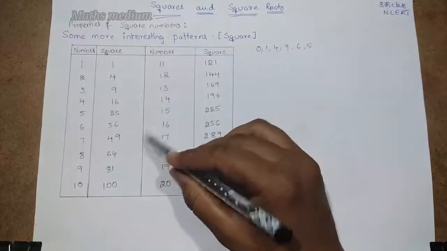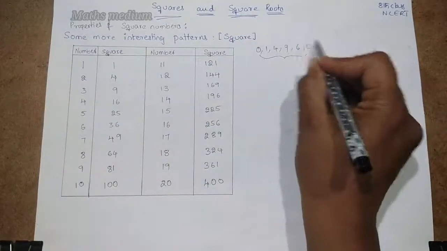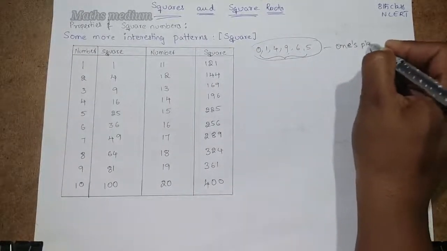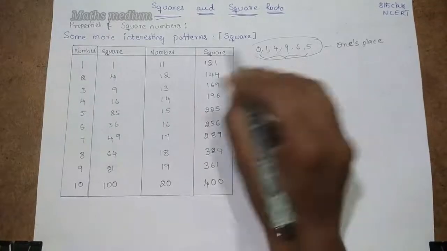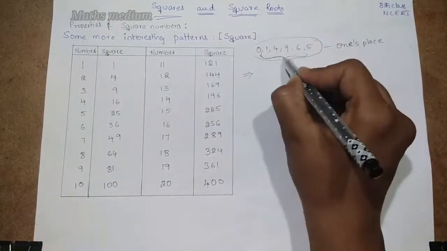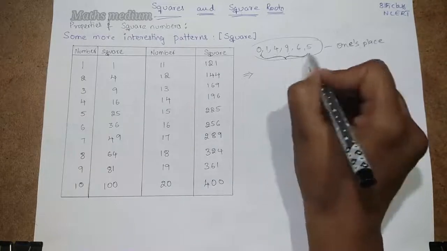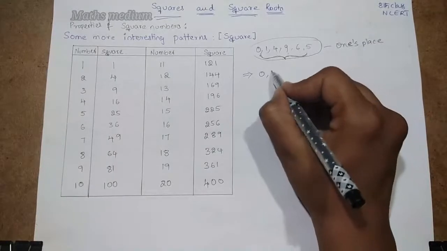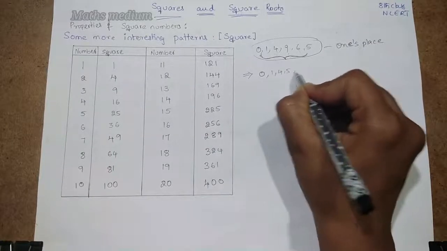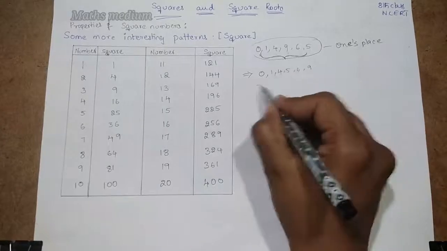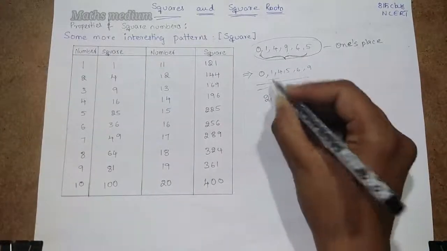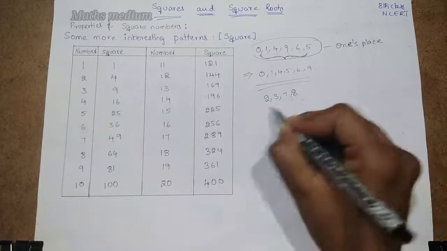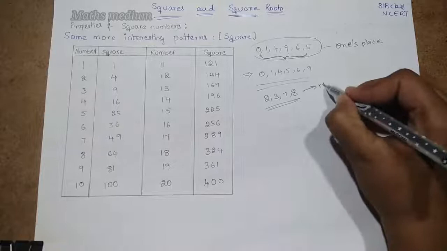If you observe this table, we get only these 6 numbers as the ones place. Any square number must have a unit digit among 0, 1, 4, 5, 6, 9. None of the squares can end in the digits 2, 3, 7, 8.